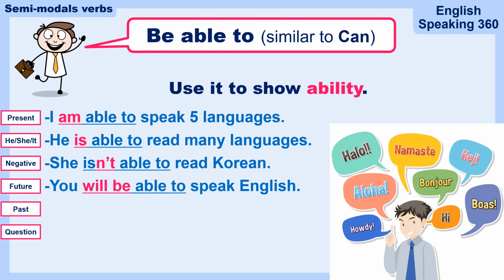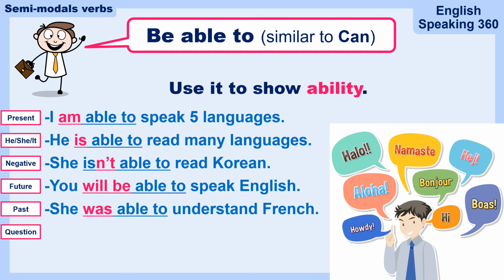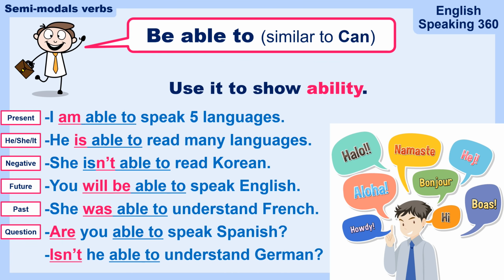Future? You will be able to speak English if you keep watching my videos. The past tense. She was able to understand French. Question. Are you able to speak Spanish? Negative question. Isn't he able to understand German?